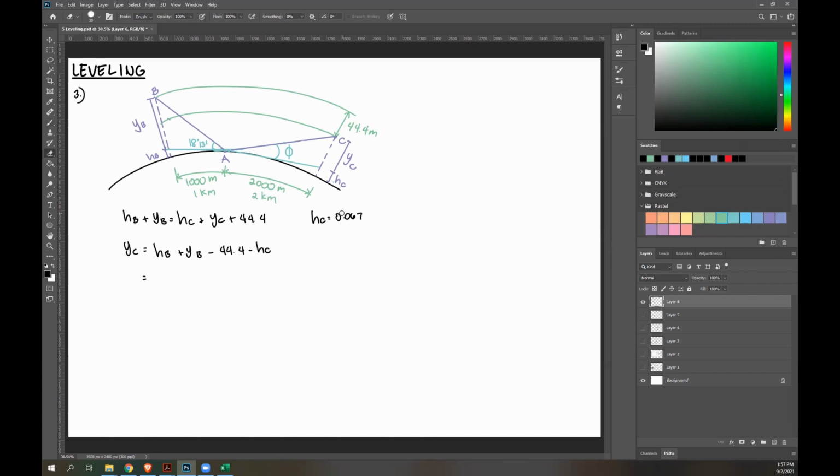So that's why this would be 0.067 times 1 squared, and that's just 0.067, right? Same thing with HC, that's just 0.067, and then K is 2 squared. Please solve, what's this?